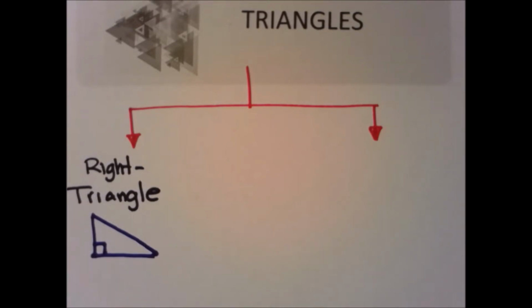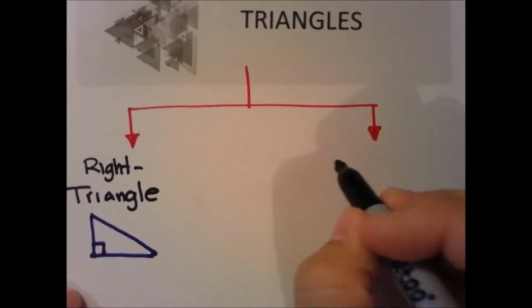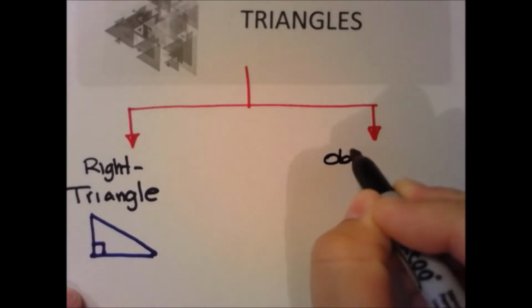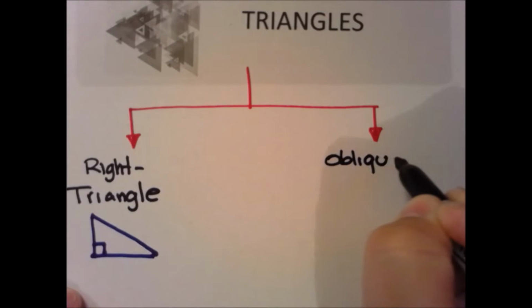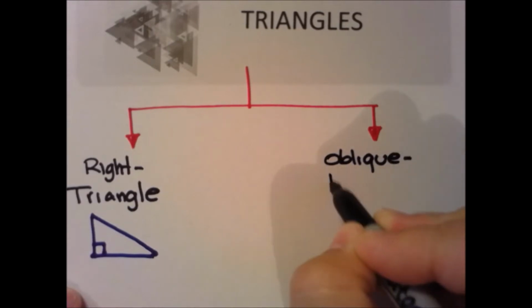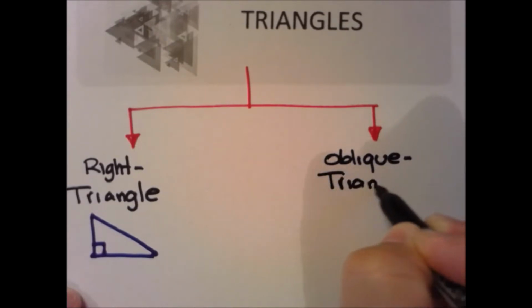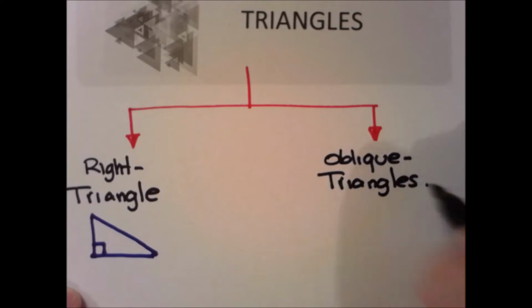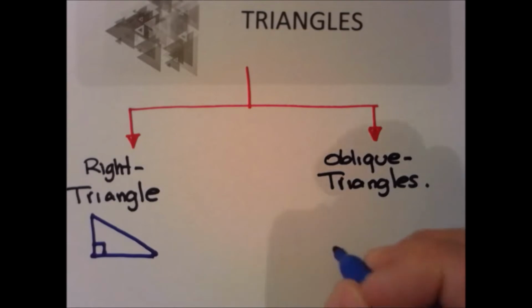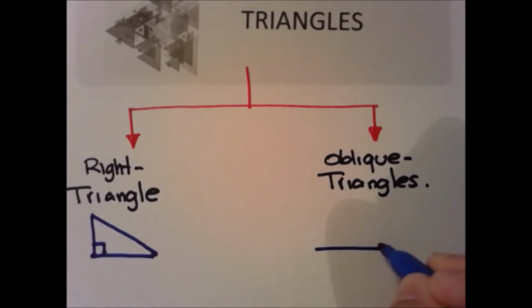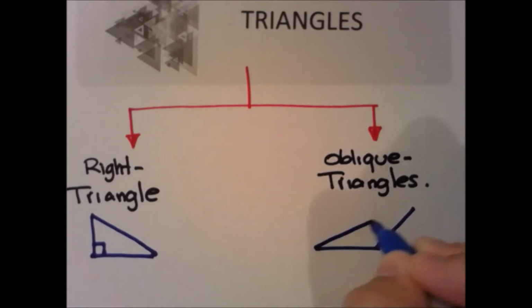And the second one will be the oblique triangles. And what is an oblique triangle? It's very easy. An oblique triangle will be whatever triangle that is not right. So, for example, this could be an oblique triangle.